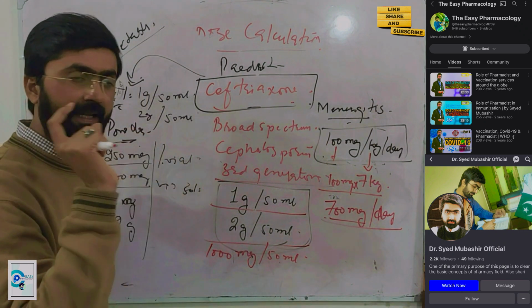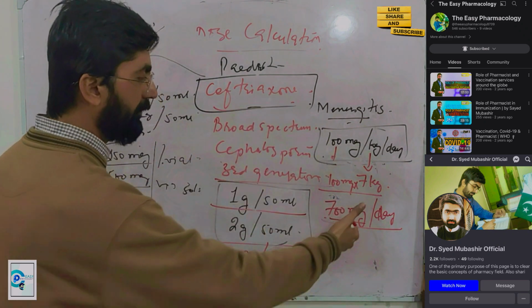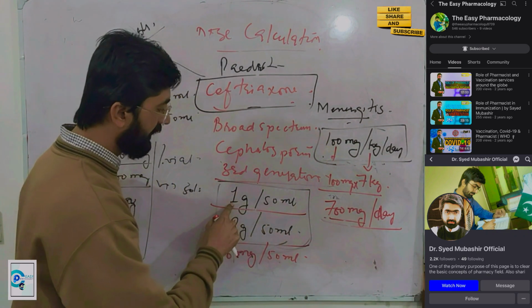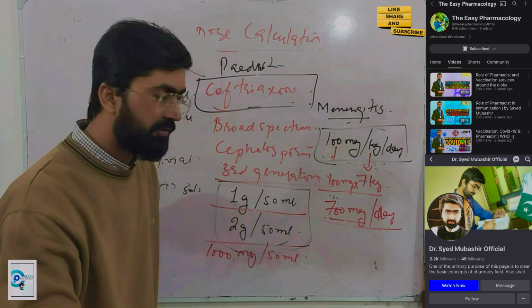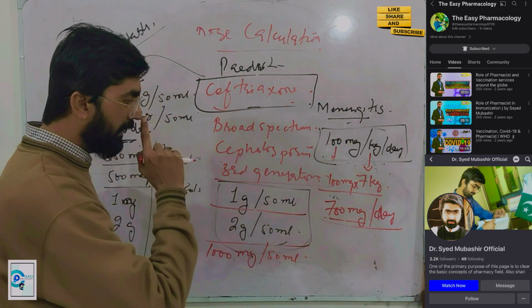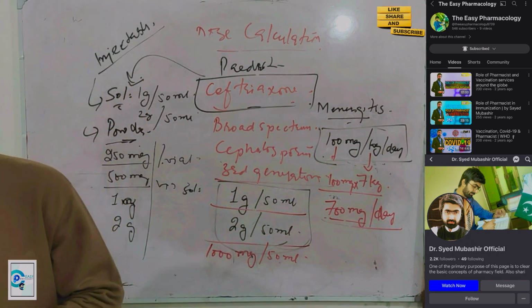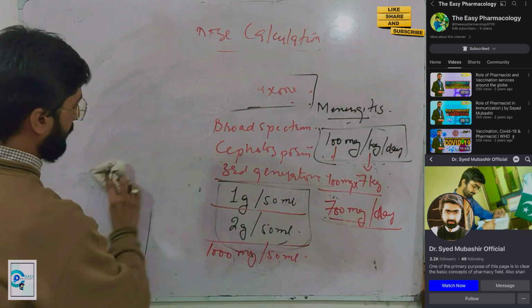Means we can take this vial to be used for this patient, because the patient's total dose is 700 milligram and this contains 1000 milligram. So this can be used for this patient. So what is the step you have to do?